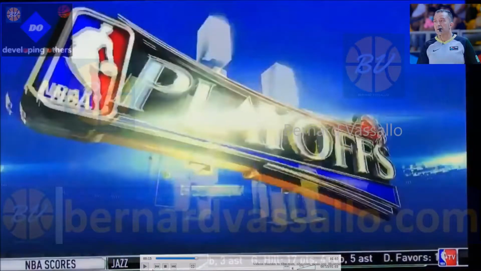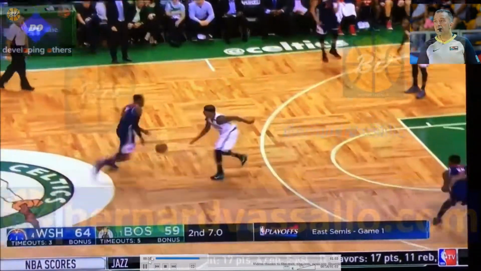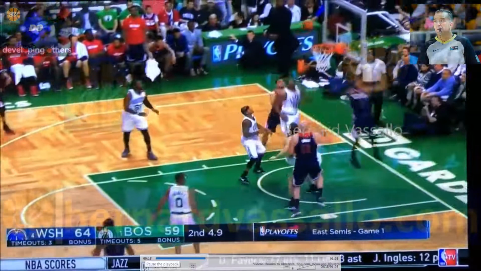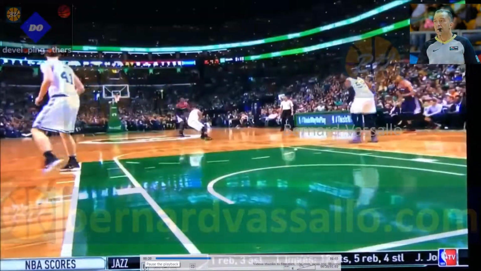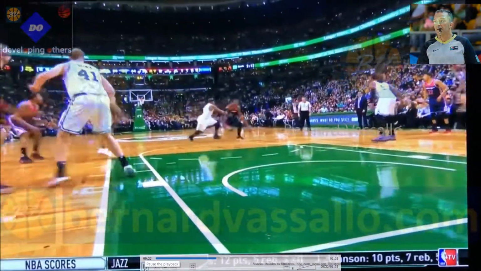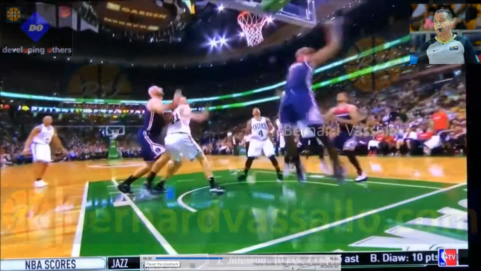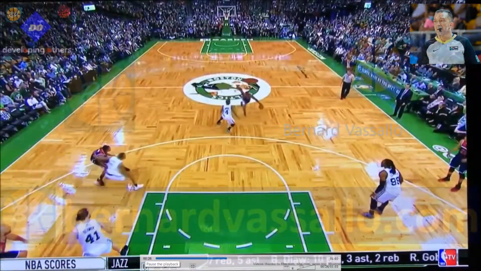In essence, in theory, according to the rules, this is legal play because the defender is effectively blocking the ball. So once again, for all of you to rewatch, penetration, contact, referees correctly deemed this as a no-call, legal block by the white defensive player.